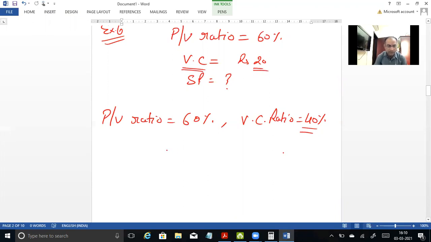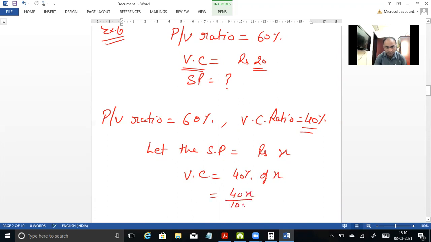We can do it in many ways. The simplest way: let us assume the selling price they are asking for is rupees X. So how much is our variable cost ratio? Variable cost is 40% of X, so it will be 40X by 100.